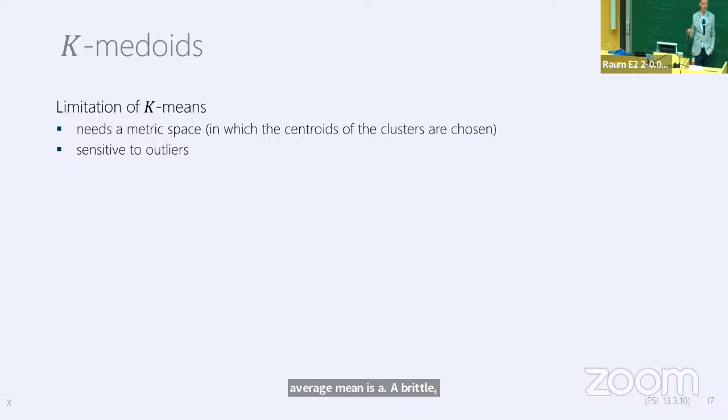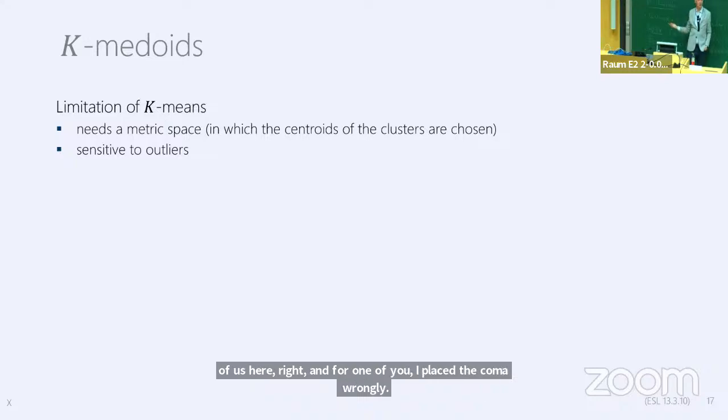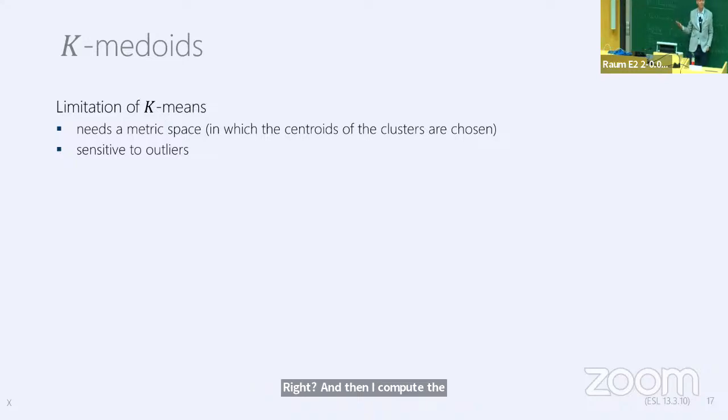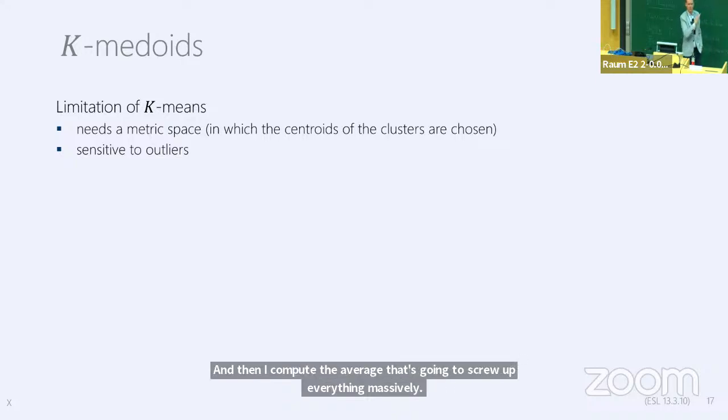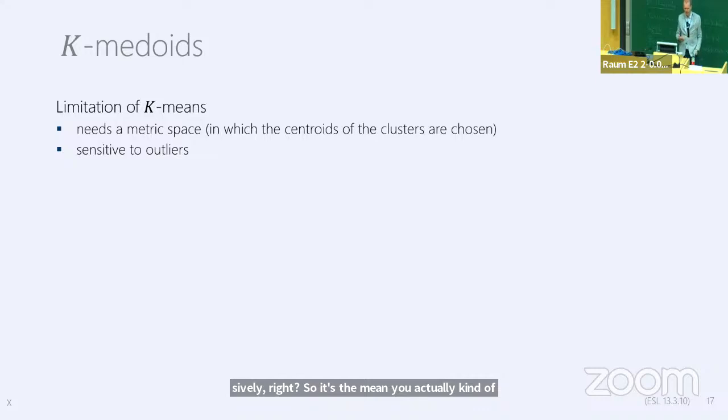If I measure the heights of all of us here, and for one of you I placed a comma wrongly, and then I compute the average, that's going to screw up everything massively. So it's the mean you actually kind of want to avoid. It's just that within k-means, it's very convenient in the optimization.